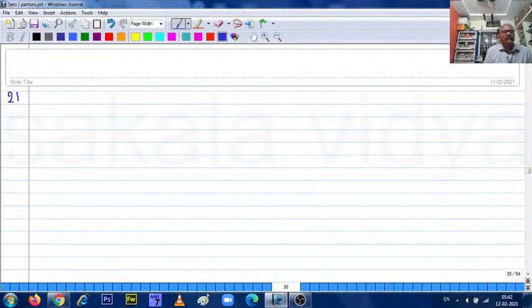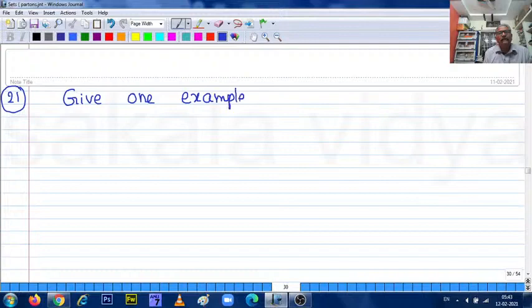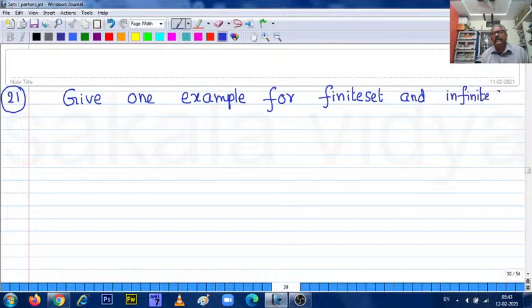So, 21st problem. Give one example each for a finite set and an infinite set.